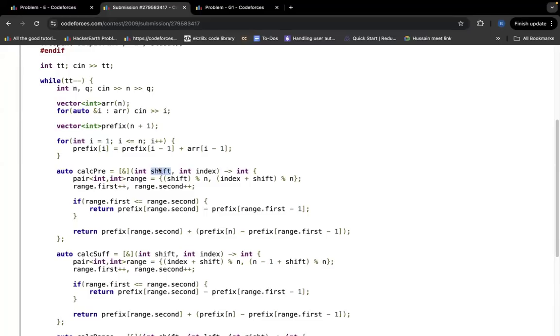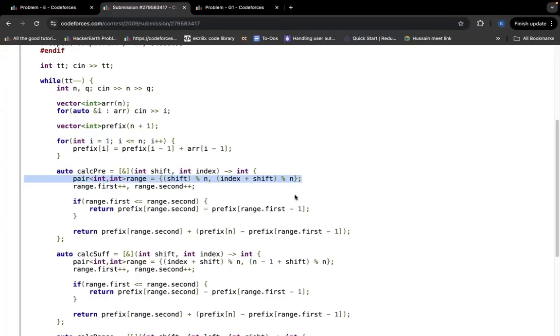Let's say it's A of 3, in zero-based indexing it's A of 2, and I need to add 3 minus 1, which is basically 2. So for a prefix, if I want to know the sum of the array, it is from 0 plus shift modulo n to index plus shift modulo n. Yes or no, guys? This is the range I want to calculate the sum in.